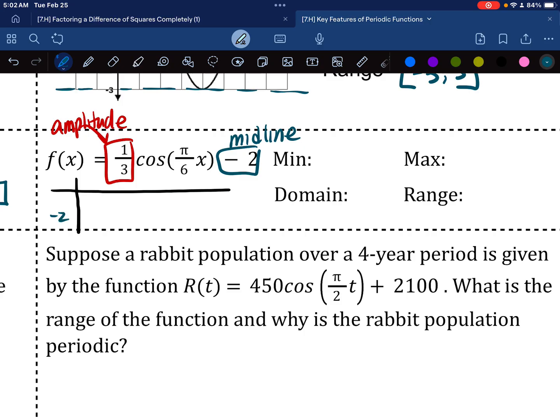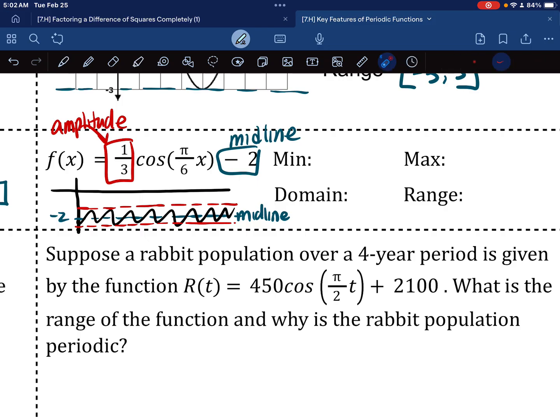So here's your new midline. Alright, and this graph is going to go woo, woo, woo, woo, woo, woo, woo. Okay. Not being super specific on it, I just know it's going to bounce like that. And that means that I'm going to have a new maximum and a new minimum.